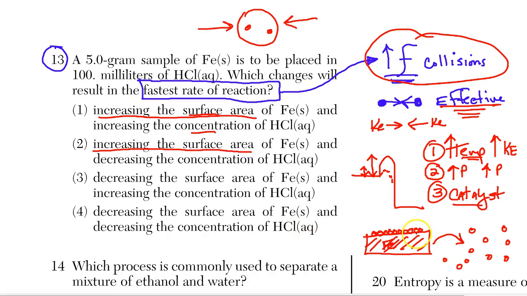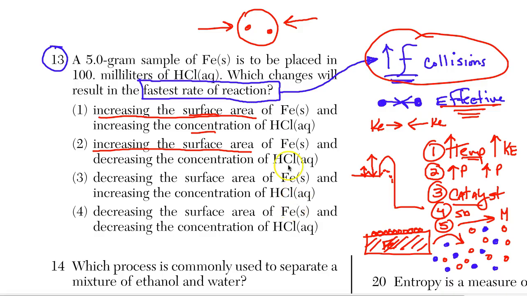Now, another factor besides surface area that we just talked about is concentration. I'm running out of space, but I'll just put molarity as concentration. So if I was to increase the number of hydrochloric acid molecules, well, having more of them available is going to increase the number of collisions.